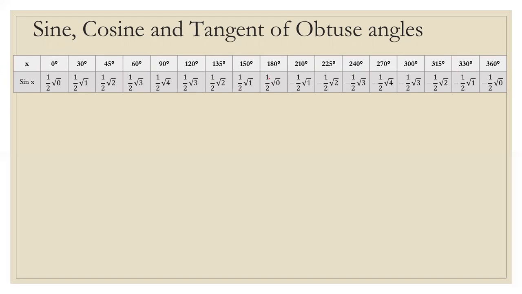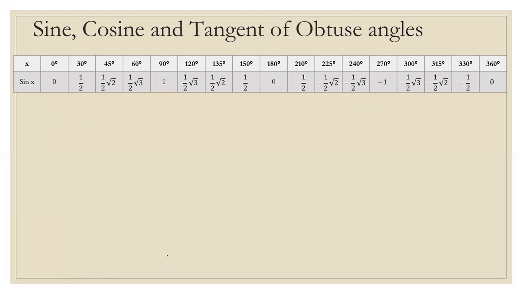After half square root 0, it's going to be negative a half square root 1, negative a half square root 2, negative a half square root 3, negative a half square root 4, then negative a half square root 3, 2, 1, and 0. Simplified, it's 0, negative a half, negative 1, negative a half, and 0, of course. I think it's very simple.